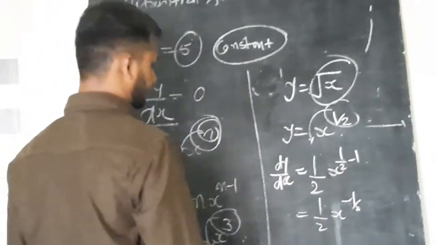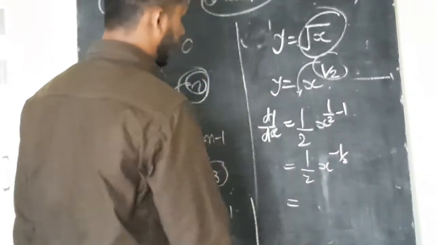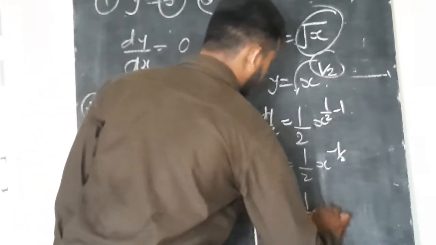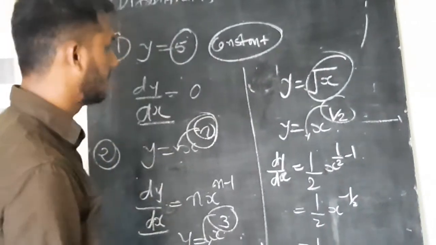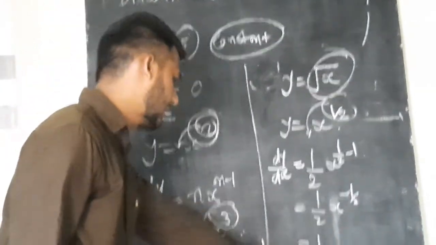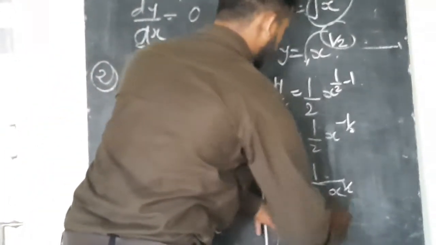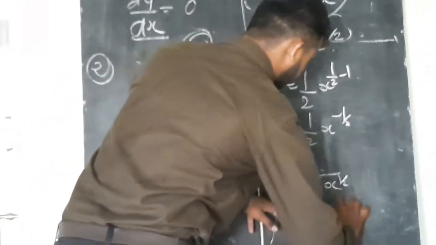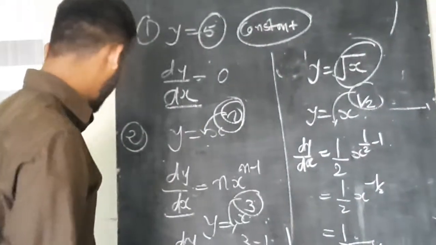So we can write 1 by 2 under root x. If we take y is equal to under root x, we will get the final answer 1 by 2 under root x. So this is the example of that.